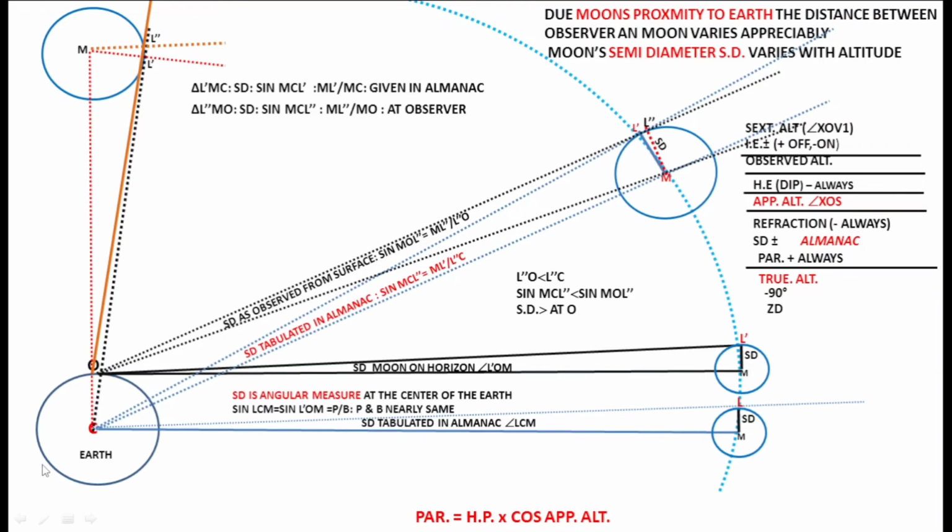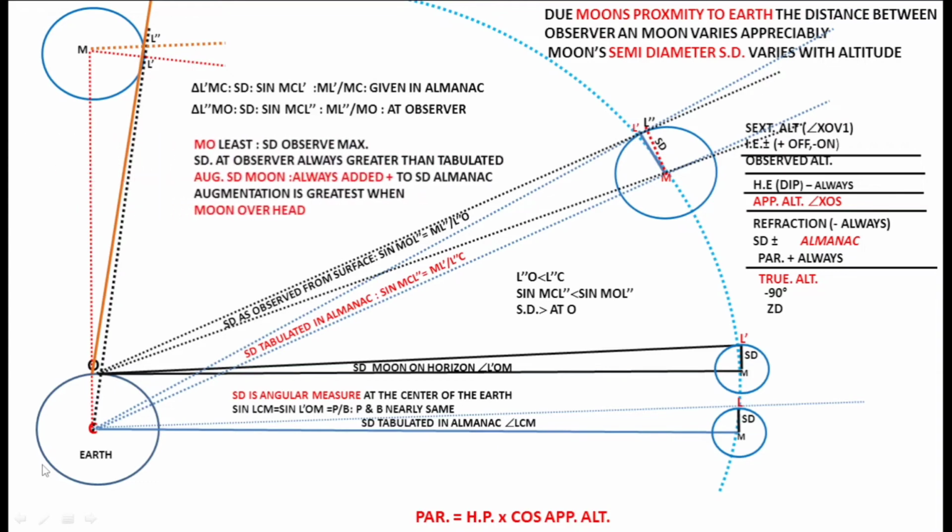And it is right overhead. So at this particular time, the sine of the angle of O there would be the maximum. So your augmentation, what is the difference in the semi-diameter what you observe here, would be the maximum when it is overhead.